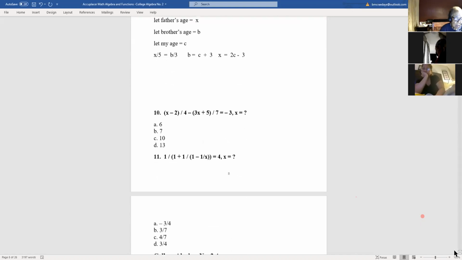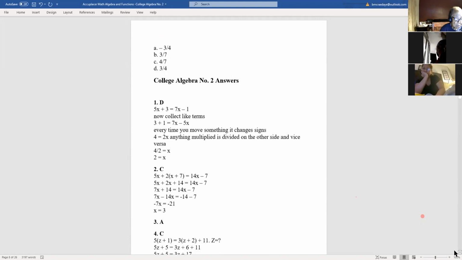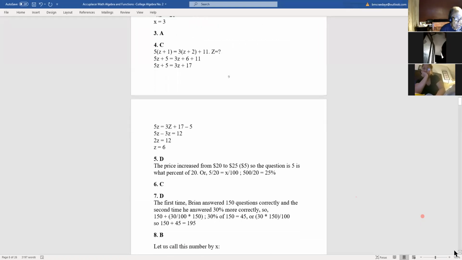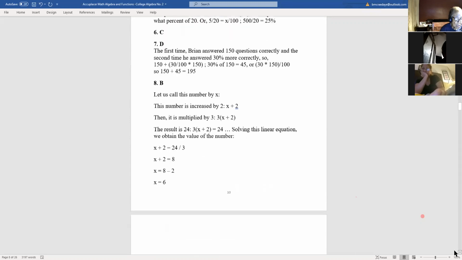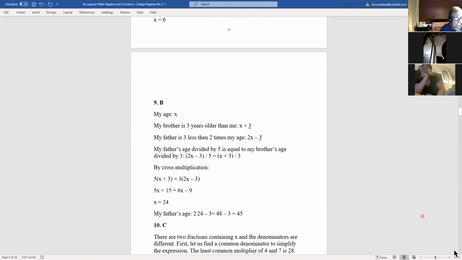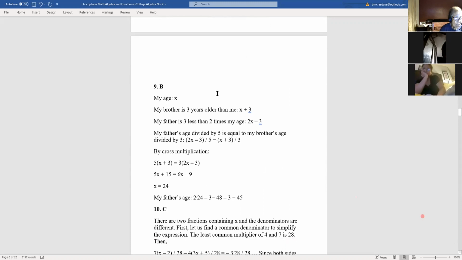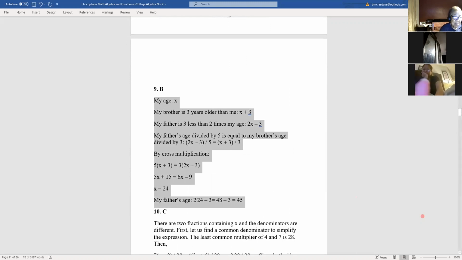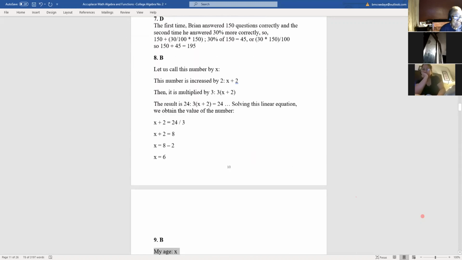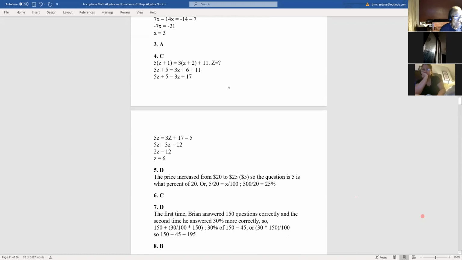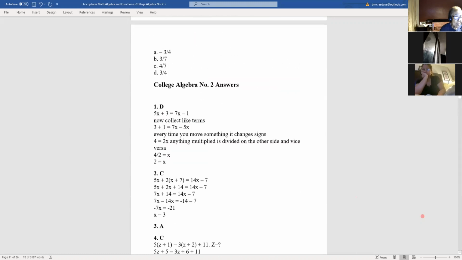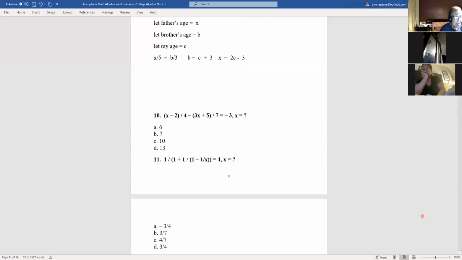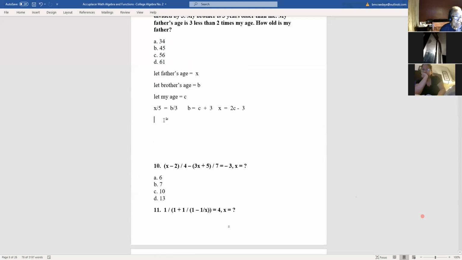Okay, this was a little involved actually, because you got several unknowns. The way they set up the unknown as your age is probably an easier way to do it.